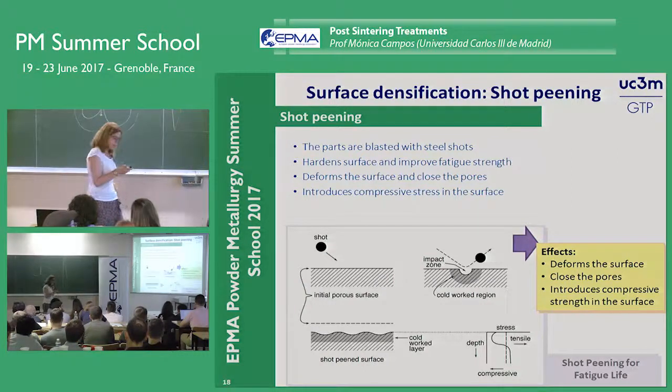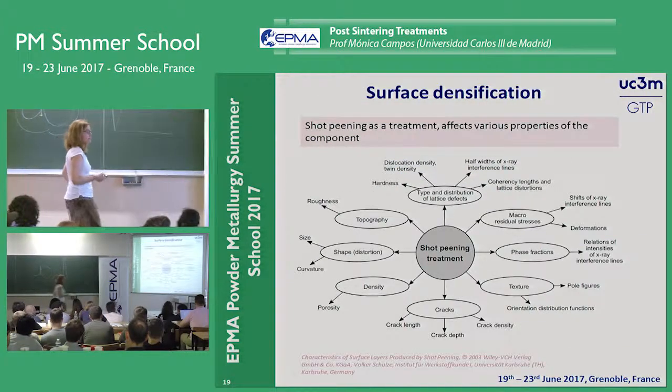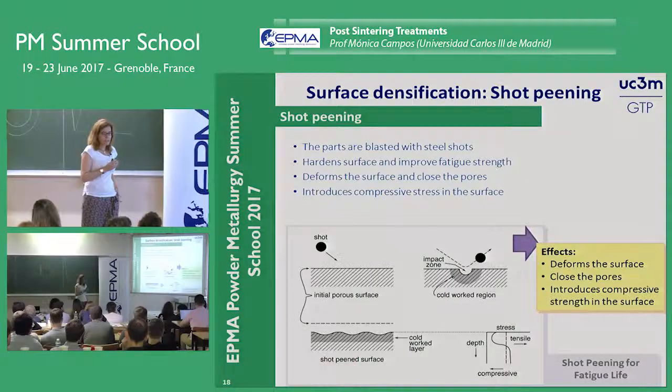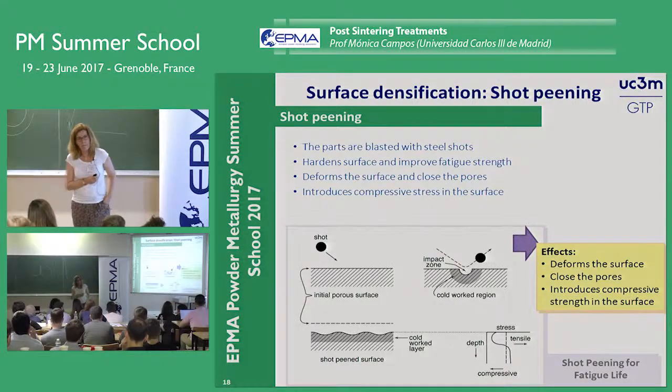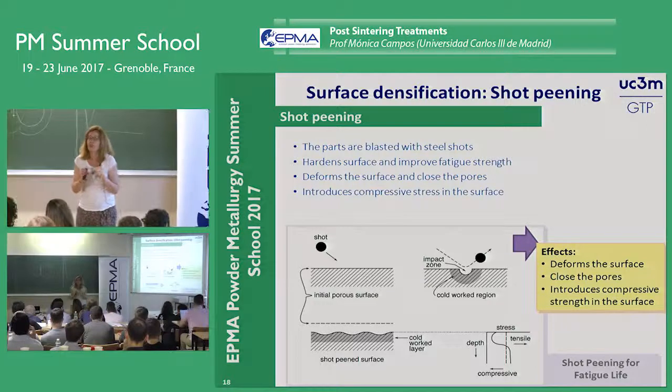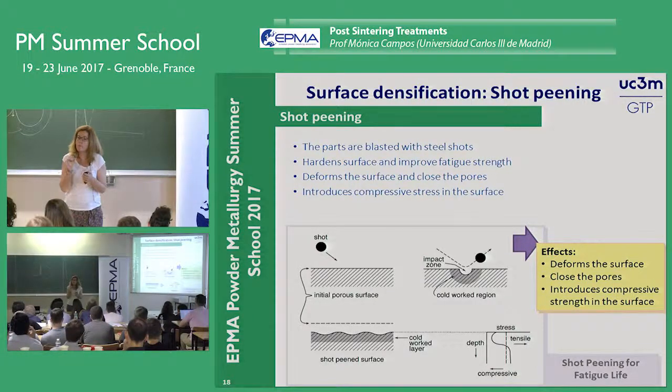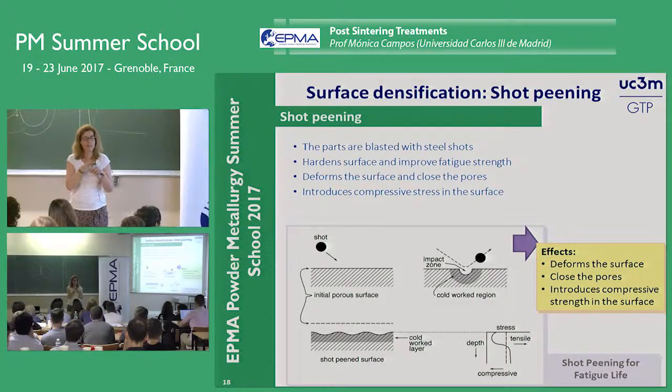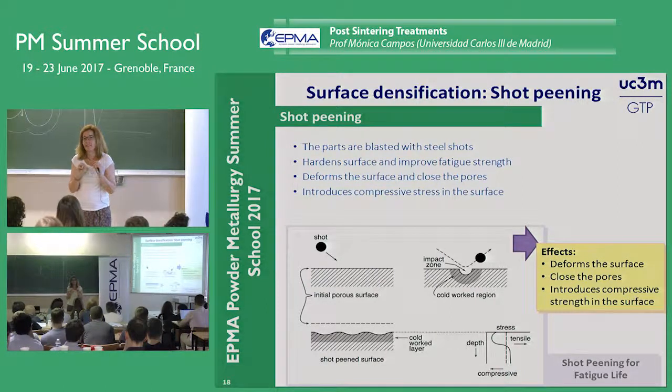But the point here is, what will happen if I choose a ball that is very, very small? Maybe the quality of the surface is nice, but what happens with the open porosity? Open porosity can trap some of this shot.